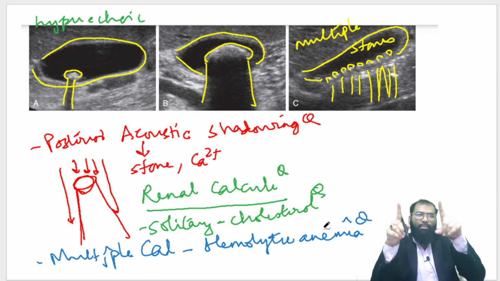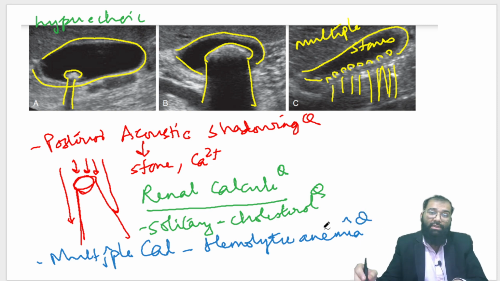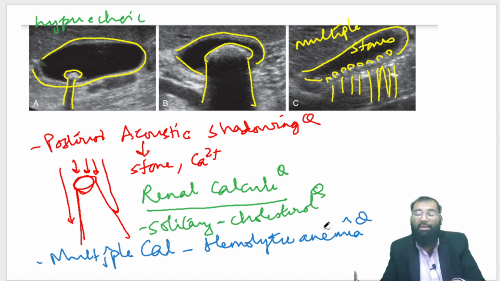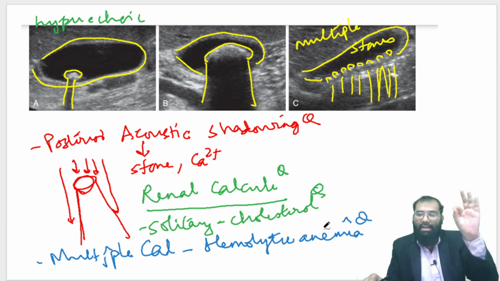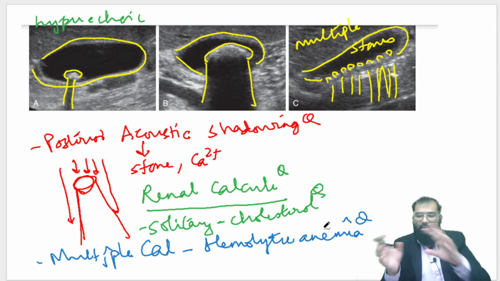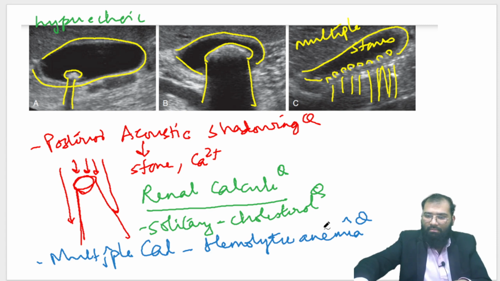So, you will look for sickle cell or hereditary spherocytosis. All this can lead to multiple pigmented calculi. Of course, you won't be able to see the pigments on ultrasound, but multiple pigmented calculi, very important cause, hemolytic anemia. Again, a very important correlation from pathology. Now, with this in our brain, let us move ahead.